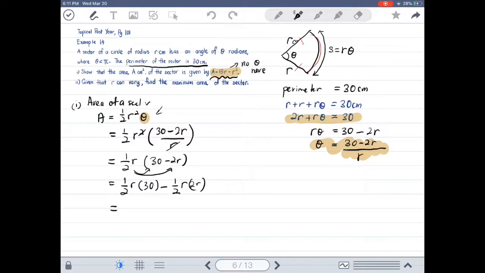What I did here is I just opened the bracket. So 30 divided by 2 is 15r. And here 2 divided by 2, we can cancel out that one. So we have minus r squared. It's proven. Done. Question number 1.